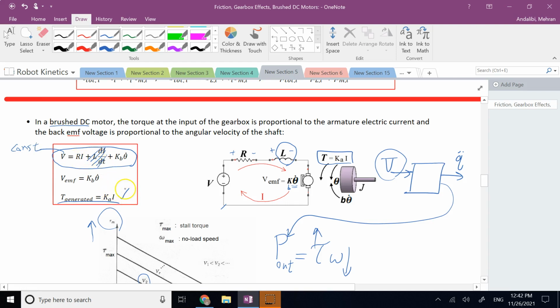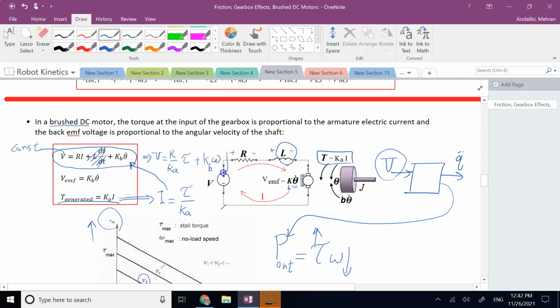Ri, well, I here from the bottom equation, if you look at it, I is clearly the torque divided by the torque constant. So if I plug that into the top equation, it becomes V equals R over Ka, a constant, times tau, and then plus Kb times theta dot or omega.